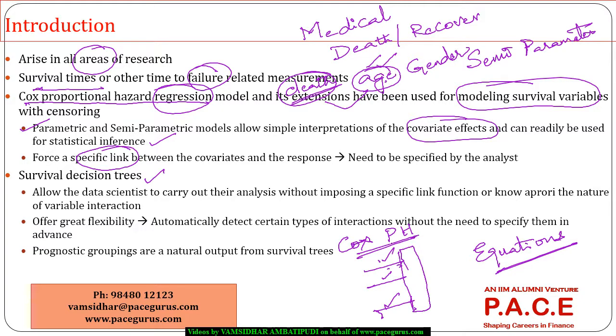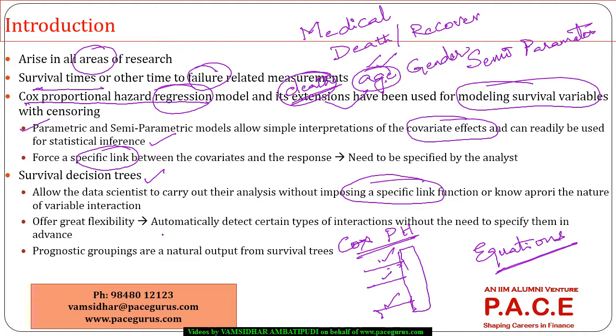So the Cox proportional hazard model is one such helpful thing, where a parametric and semi-parametric combination can be used. Whereas a survival decision tree, which is an alternative to the Cox proportional hazard regression model, is allowing the data scientists to work without putting in any kind of link, right?